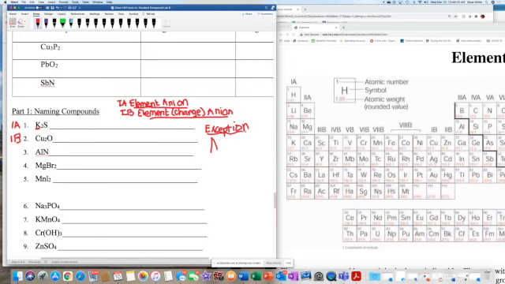This is why. Exceptions. Silver always has a charge of positive 1. So even though it's a B metal, we will name it like it's an A metal because it's only one charge. When you call somebody and say, hey, can I get some silver chloride? They will never be like, wait, which silver?